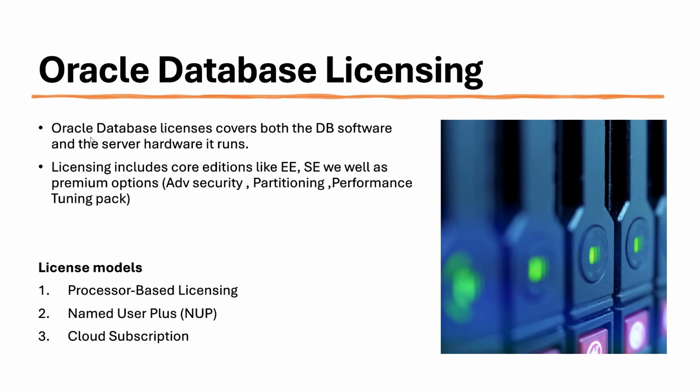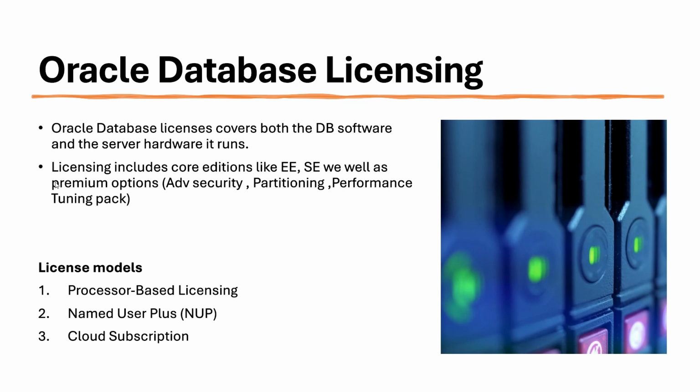Oracle database licensing covers both the database software and the hardware it runs on. This licensing includes core editions like Enterprise Edition and Standard Edition, as well as some premium options, like Advanced Security, Partitioning, and the Performance Tuning Pack.